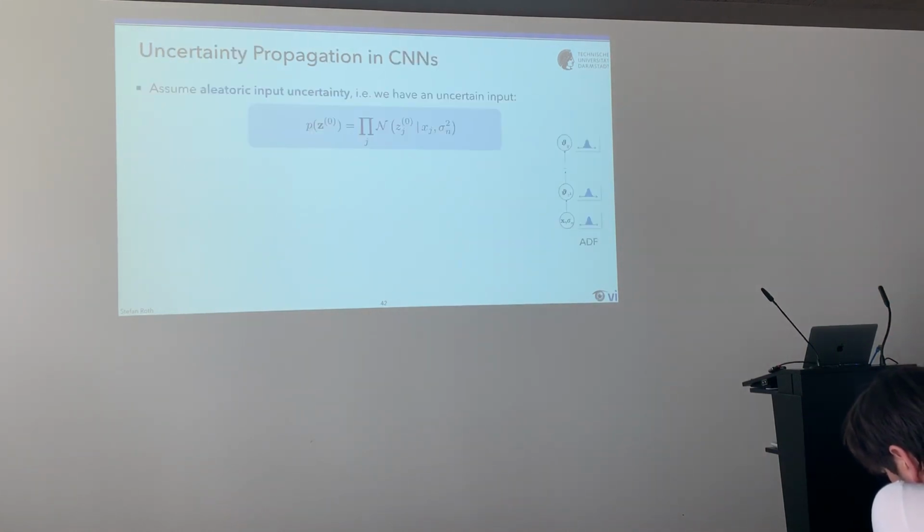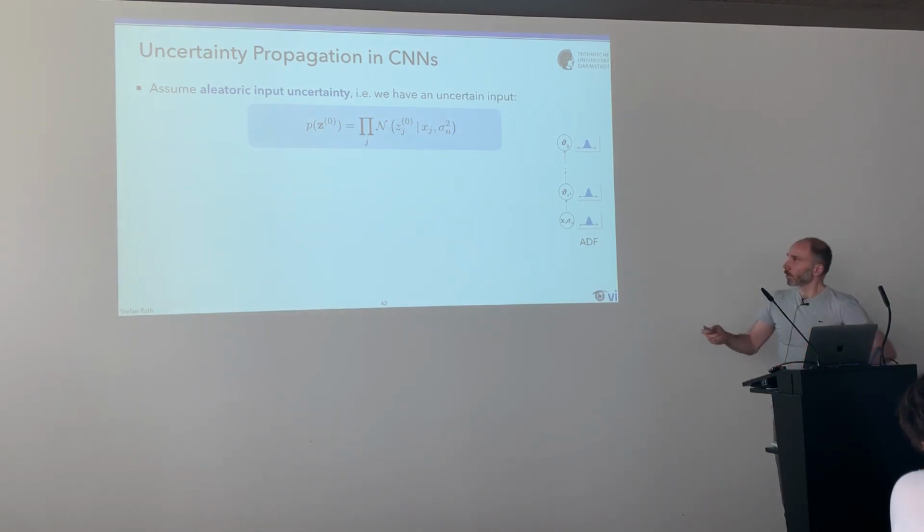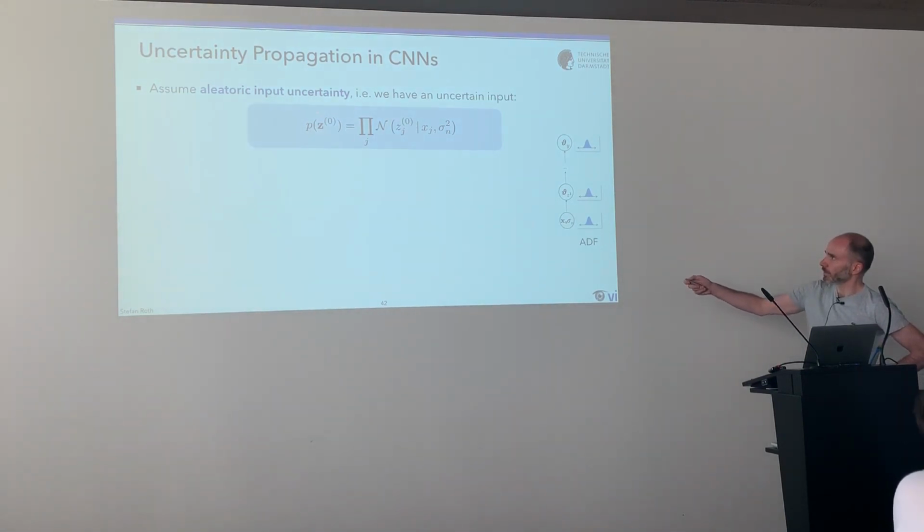Okay? But for that, we need to think of our network as working in a bit of a different way. So let's assume the following. Assume that we have some input uncertainty. So our observation X that we're making, for conciseness of notation, I'm going to call that Z0, the activation at the 0th layer.